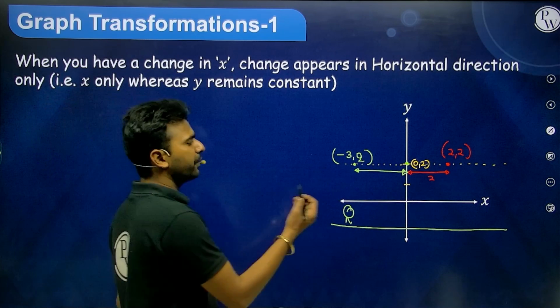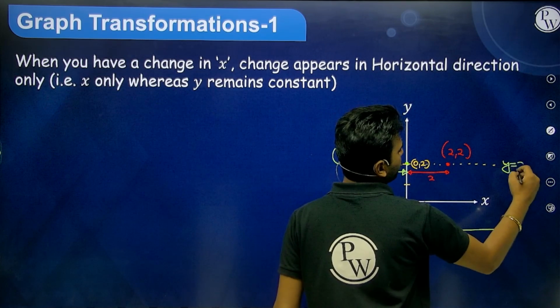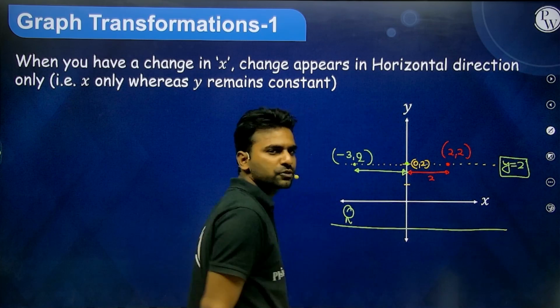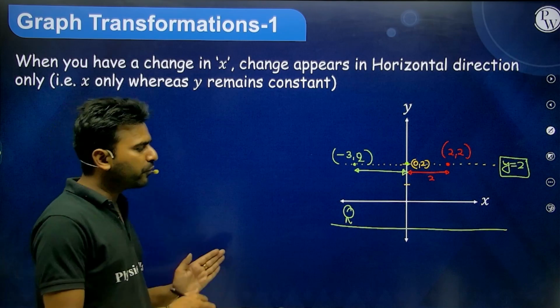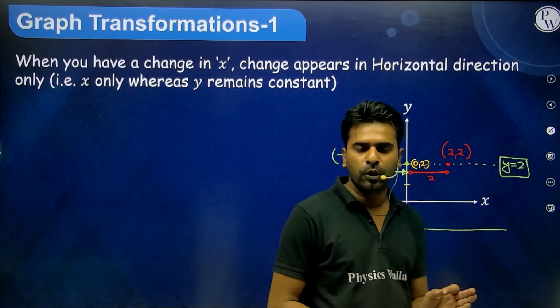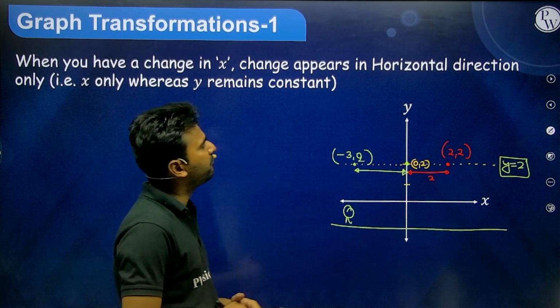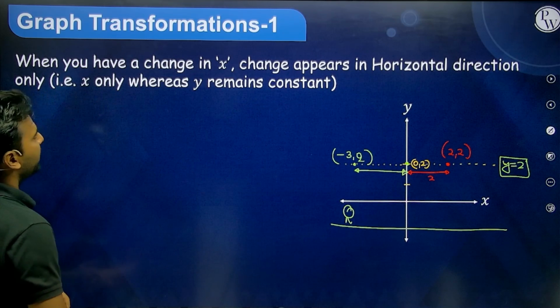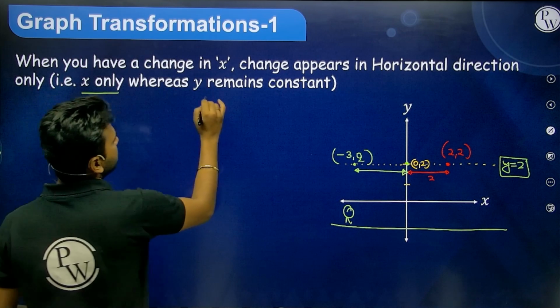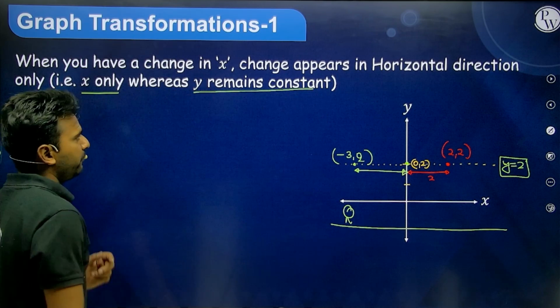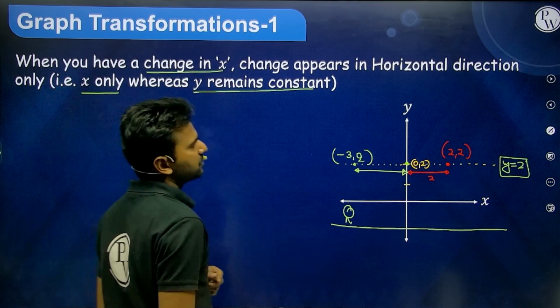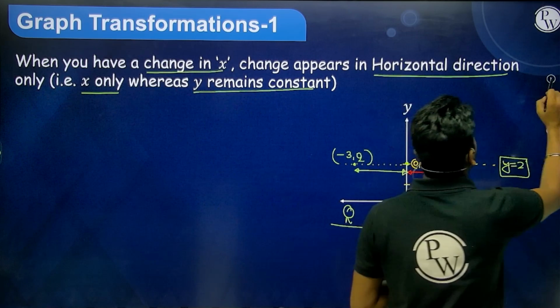Yes or no? Over here also, this line is going to be y equal to 2 only, that is y equal to some constant 2. So if we are moving horizontally, only x coordinate changes, the value of y remains same. Yes, x only changes whereas y remains constant whenever we are moving in the horizontal direction.